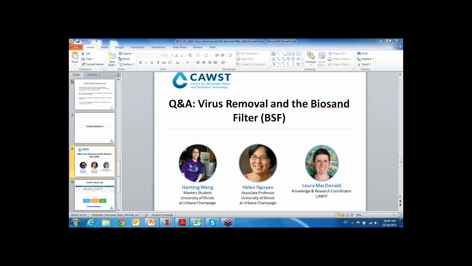There are definitely sand sources that may have that, and when those metals get oxidized, it could potentially improve virus removal. But since our sand source did not have those metals, we could basically just say that it's depth and residence time that really play a role.